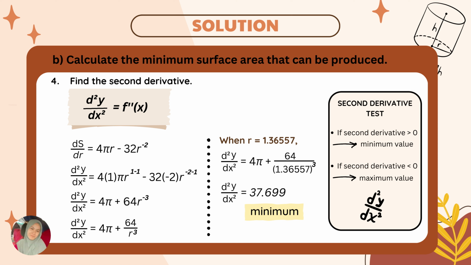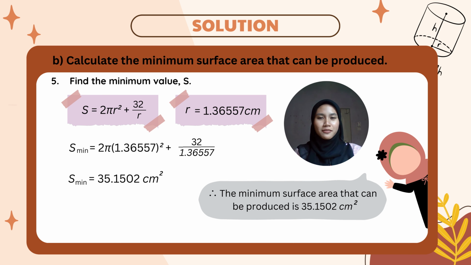Therefore, the value of r gives a minimum value of S. Now, we substitute r into the S expression, and we will get the minimum value of S equal to 35.1502 cm squared. Therefore, the minimum surface area that can be produced is 35.1502 cm squared.